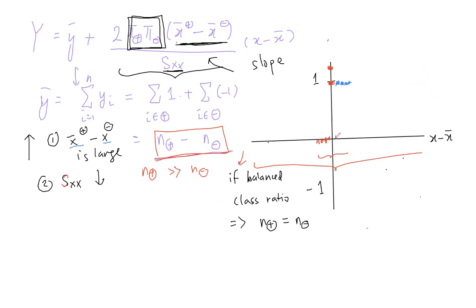Of course, some of them can come here. And so when you do the regression line, it will have a slope that is high like this, so that anything going towards this side is classified as blue, and this side is classified as red.